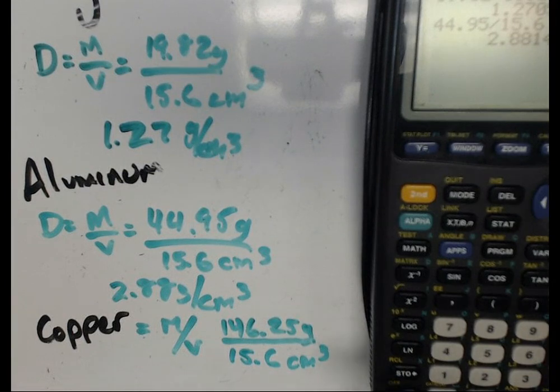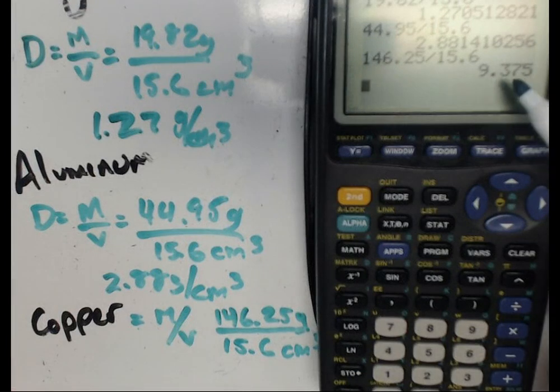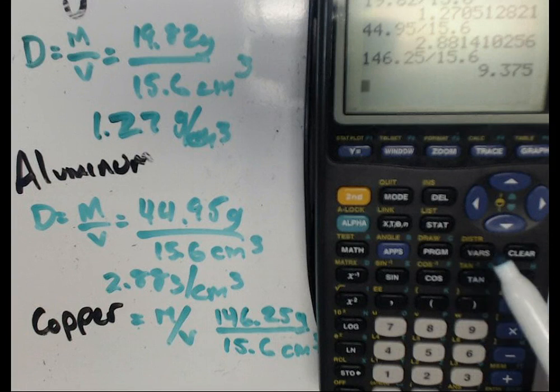Now we put it in the calculator: 146.25 divided by 15.6, and you get 9.38. Rounded, 9.38 grams per cubic centimeter.